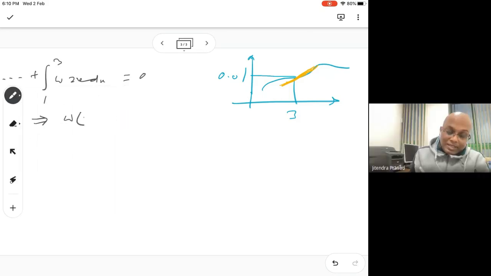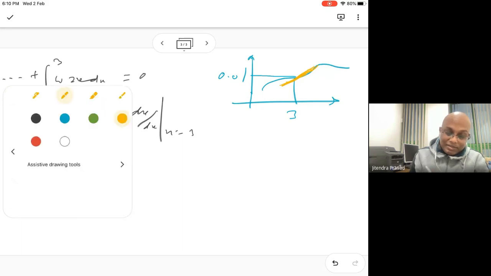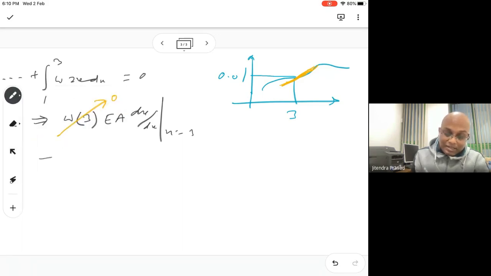So w at 3, then you have EA, and then you have du over dx at x equal to 3. As I said earlier, this is equal to 0. Then we have minus w at 1, and then EA du over dx at x equal to 1.